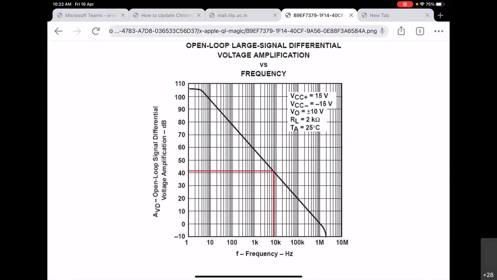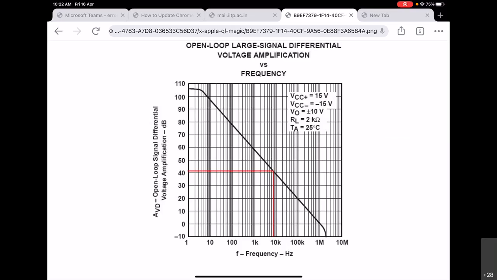And we see that from 3-4 hertz it starts decaying, and it attains 0 dB at 1 megahertz. So here you can see that we have a pole at 4 hertz.